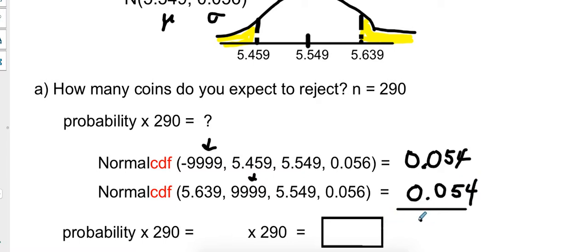So if you add those 2 probabilities together, you're going to get 0.108. So your probability is about 10% of the time, or 0.108 times 270, and when you do that you're going to get 29.16, but we're going to round it to 29 coins. So that's the first part of the question.